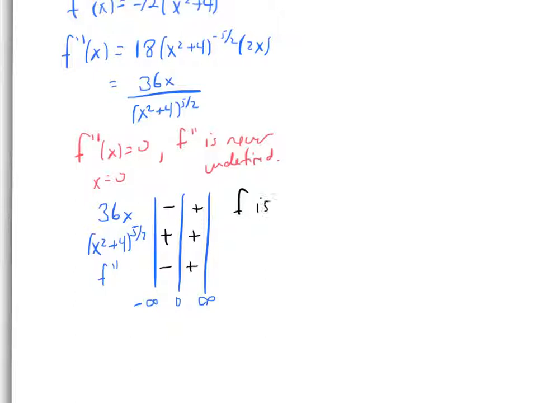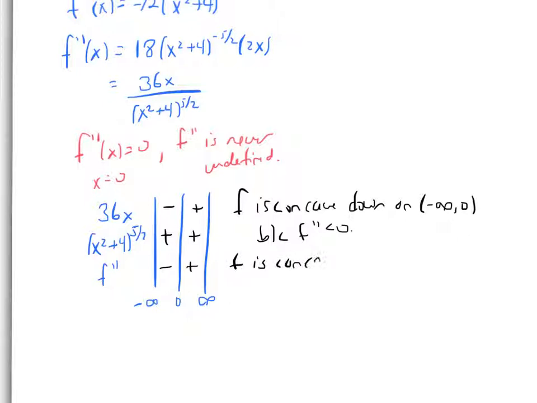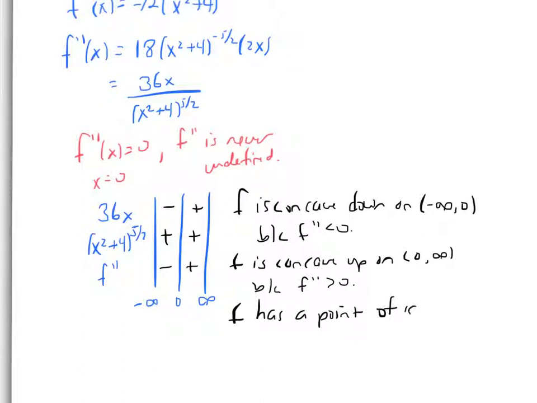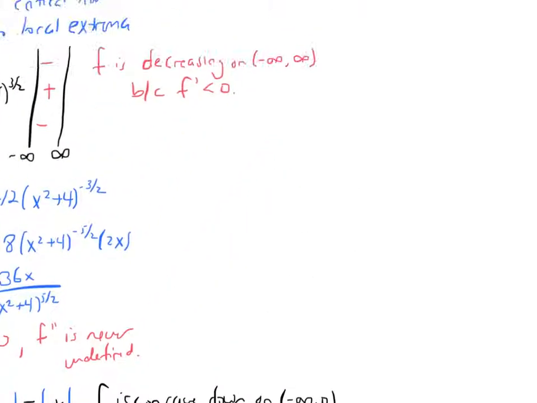We can say f is concave down and then f is concave up, and f has a point of inflection at x equals 0.